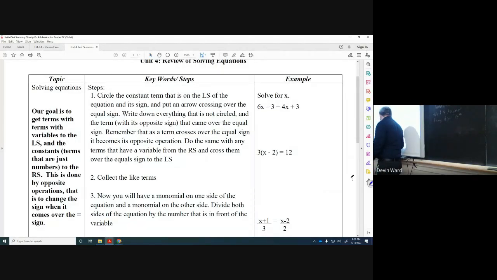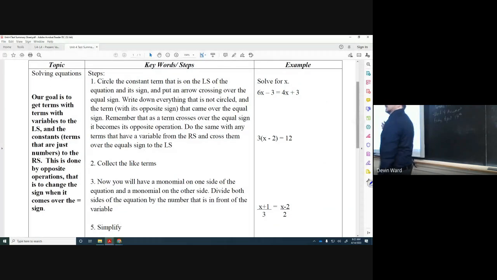So for solving equations, this is what we spent the majority of our time on, and then just how we check them. Okay? So what we mainly focus on is right here in the bowl. Our goal is to get terms, any kind of terms with a variable or a letter.